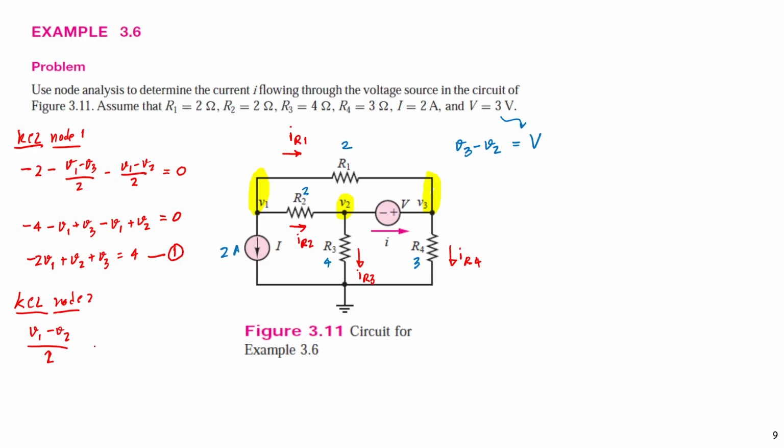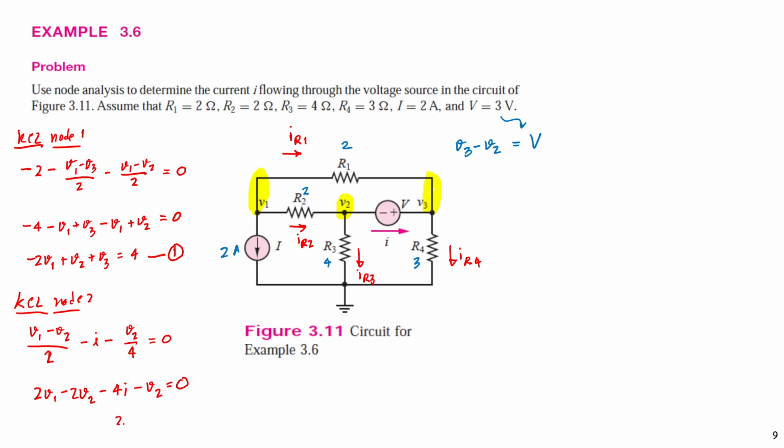Flowing out minus I, we don't know I yet, minus V2 divided by 4 equal to 0. We rearrange, multiply by 4. 2V1 minus 2V2 minus 4I minus V2 equal to 0.